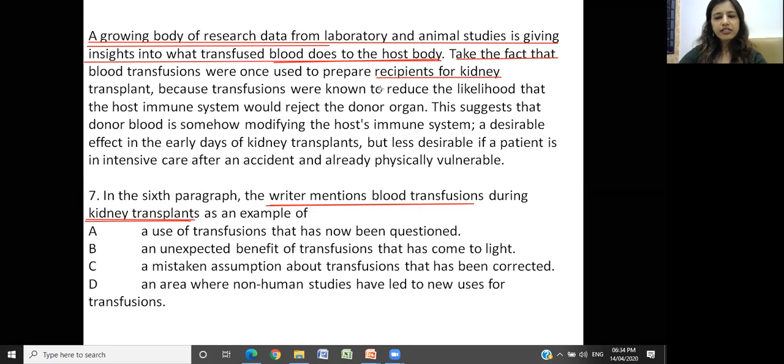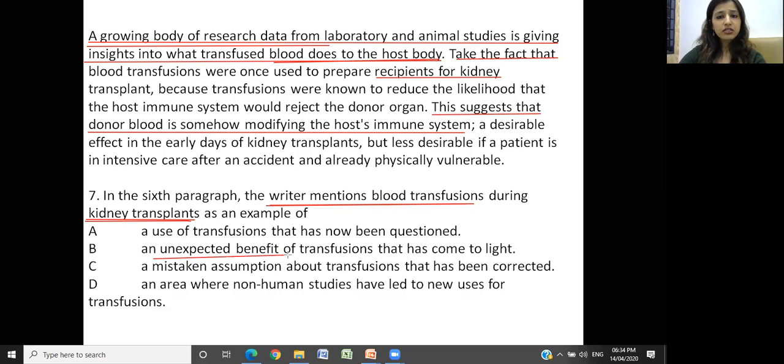So the point he's trying to make here is that it is somehow modifying the host immune system. Modifying the host immune system, do you think it is a benefit? Is it a benefit that blood transfusion modifies the host immune system?